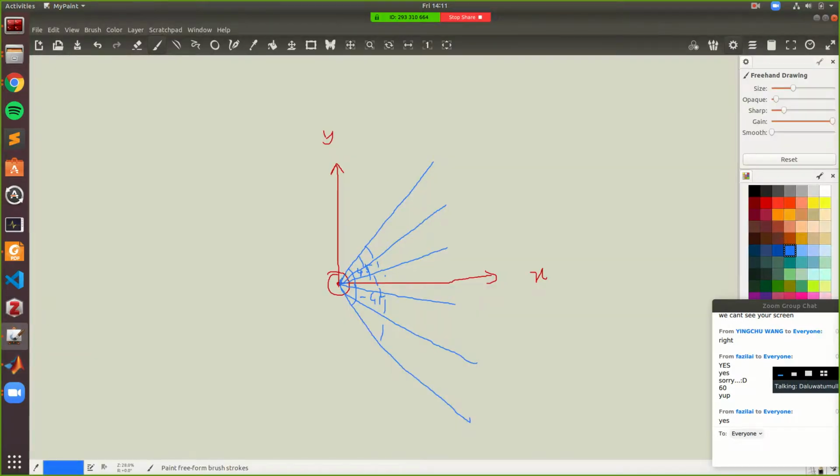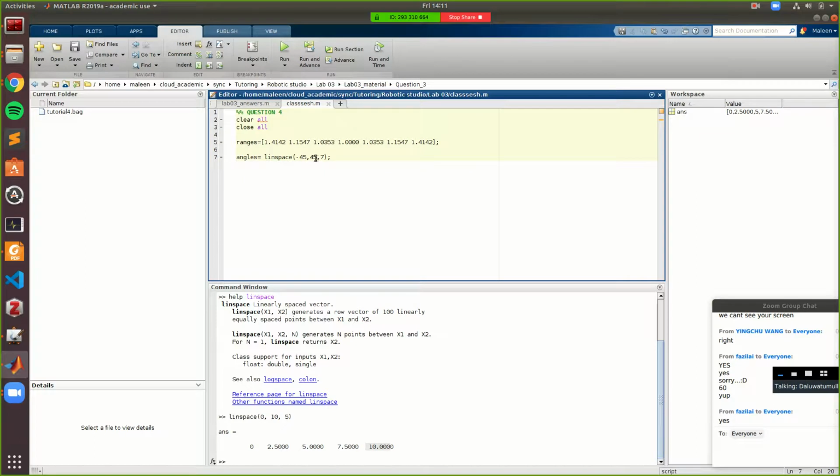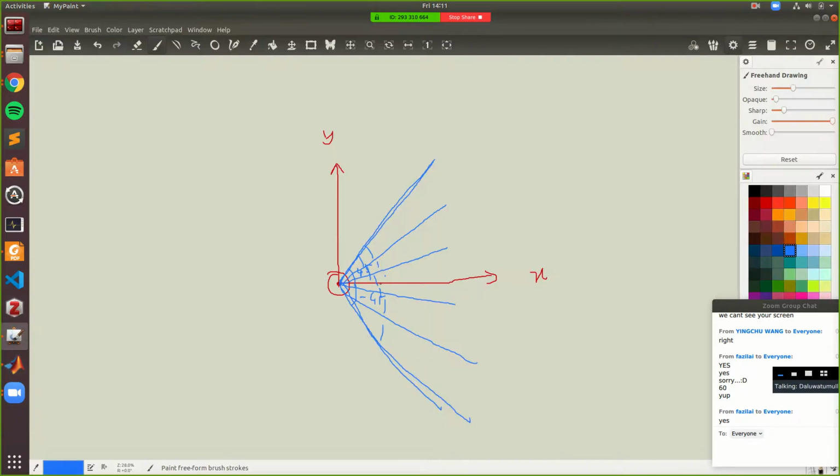which is kind of what we want here as well. We want the starting point, minus 45, and all the angles in between. So if I say linspace minus 45 to plus 45, 7, it will give me all those angles, measured from this point. So it will give me plus 15, 30, and 45, and then minus 15, 30, and 45.